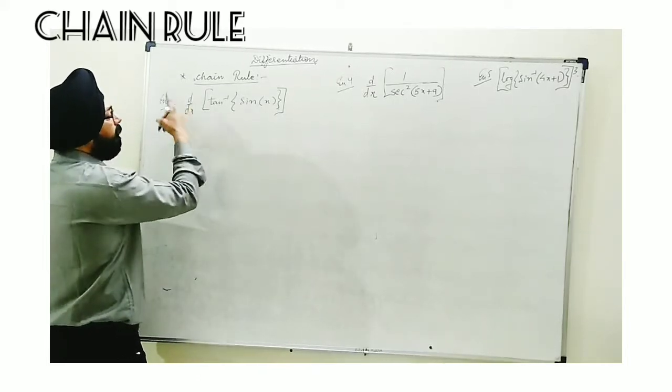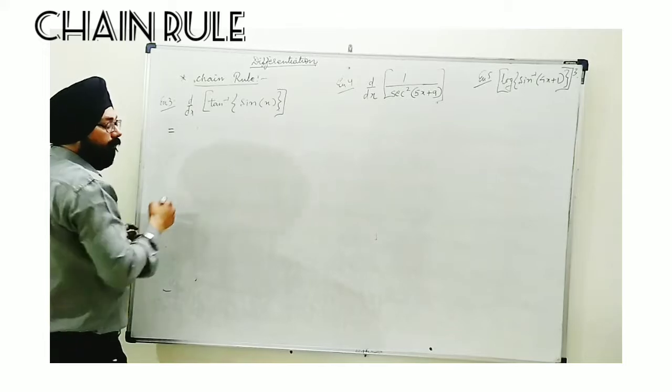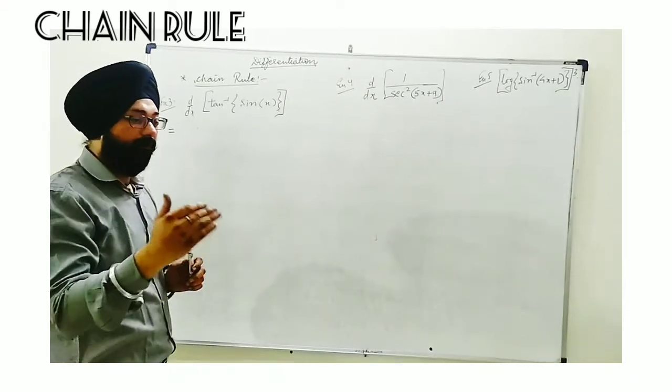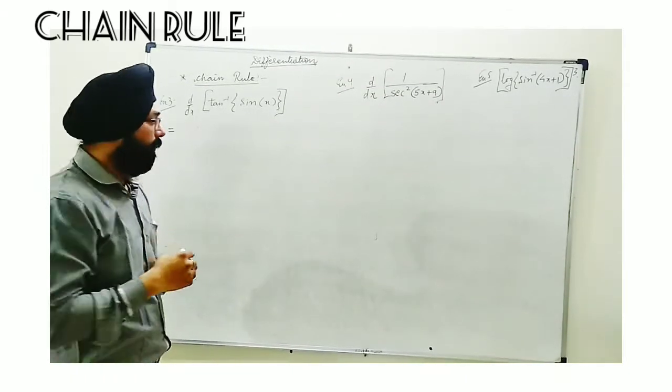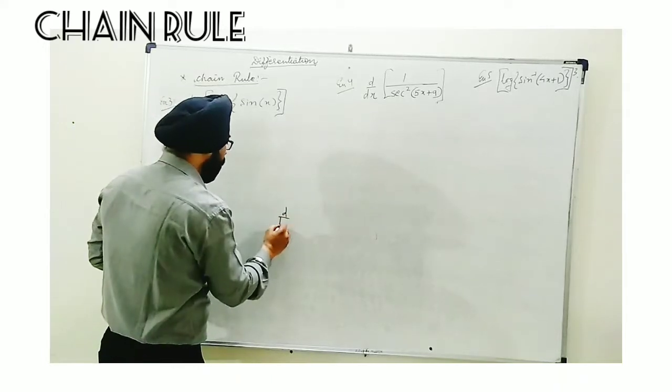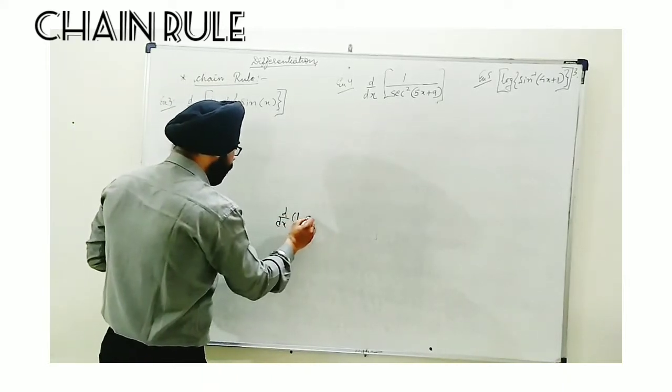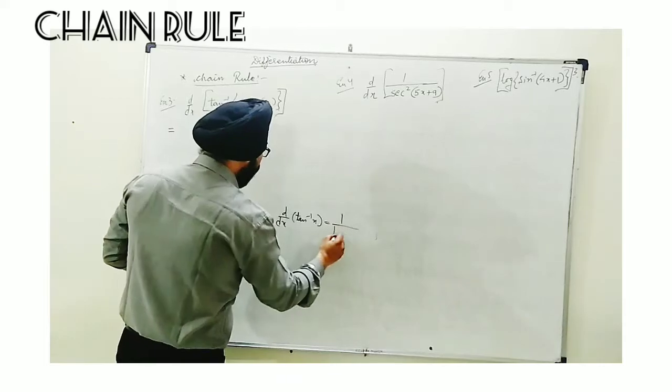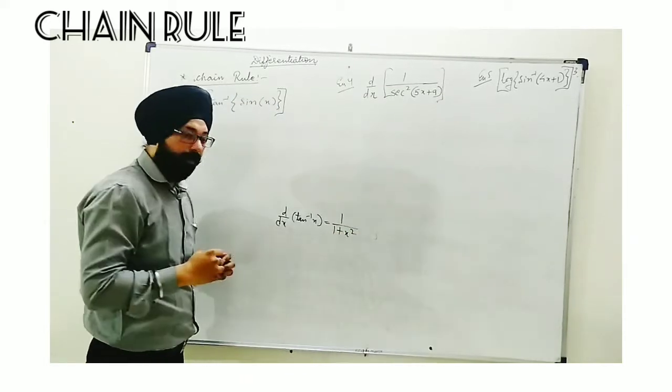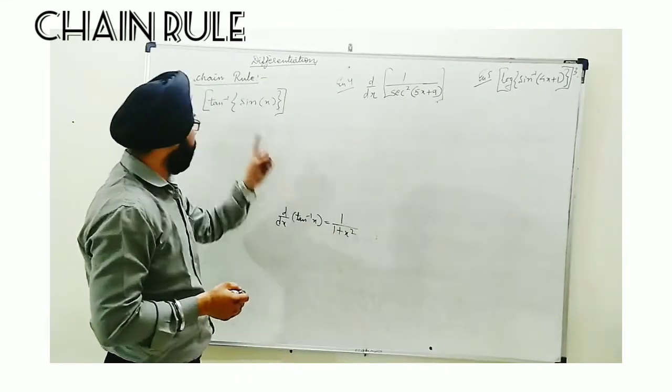So d by dx, the surface function is tan inverse. But we must know what the differentiation of tan inverse x is. Differentiation of tan inverse x is 1 upon 1 plus x square. So what function is given in place of x? It is sin x.